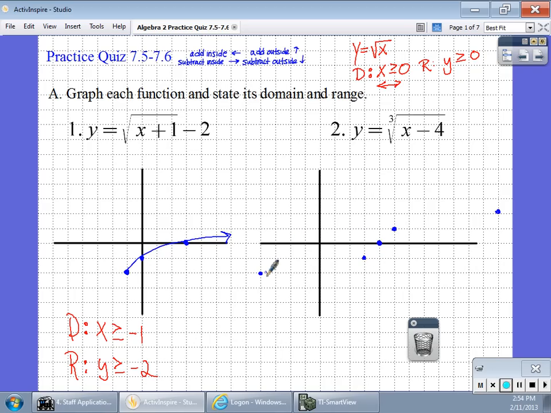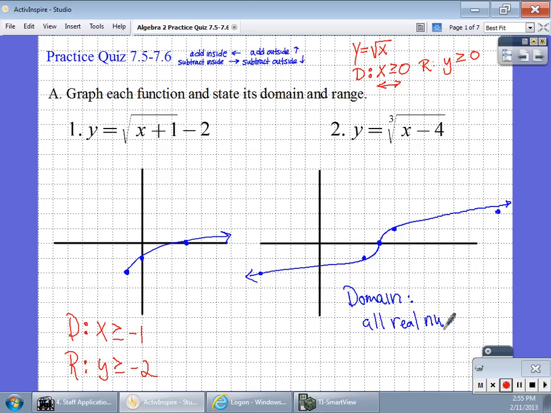And so then you want to draw your smooth curve, or as smooth as you can make it. I didn't really hit that point, but it's supposed to go through that point right there. And then here as well, okay, draw your curve. Now the nice thing about the cube root function is that the domain and the range never change. Okay, the domain is always all real numbers.